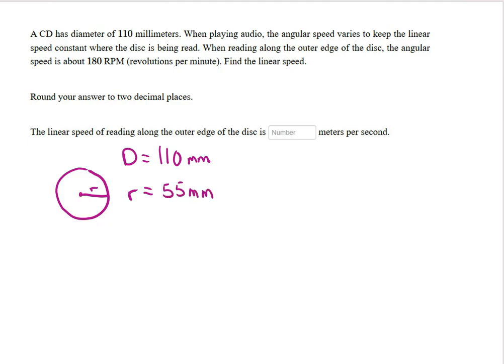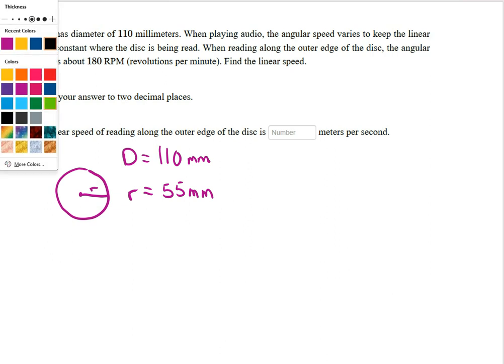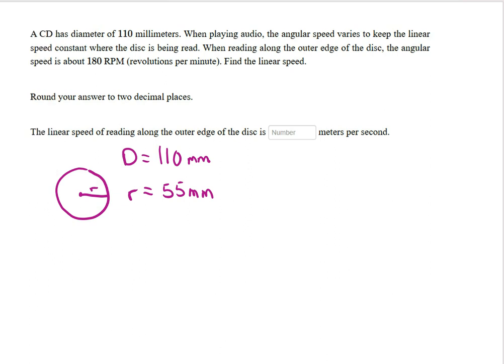But our little answer says the linear speed of reading along the outer edge of the disk is blank meters per second. These are in millimeters, so I have to remember that 1 meter is 1,000 millimeters.